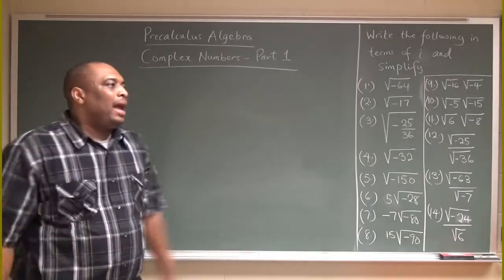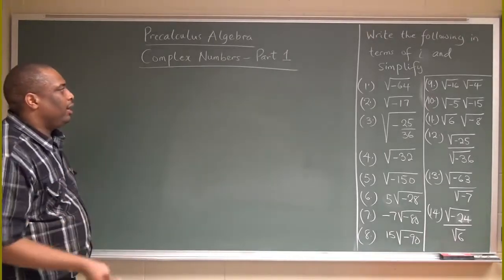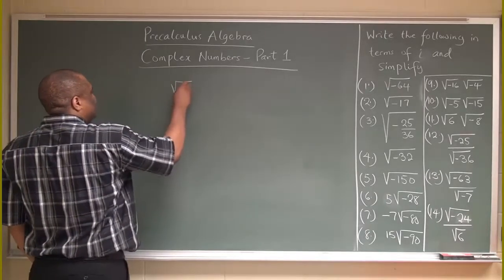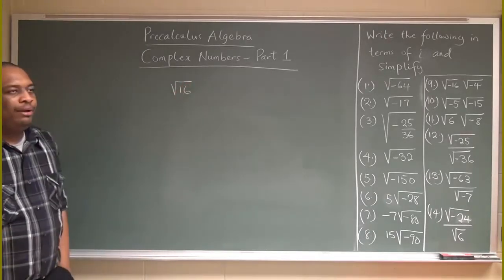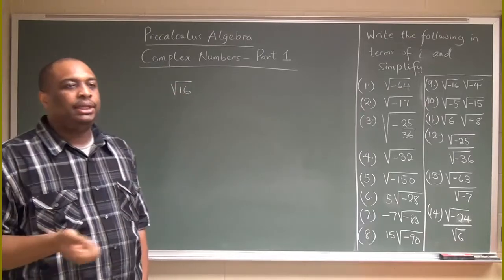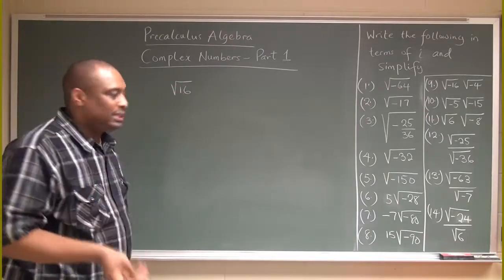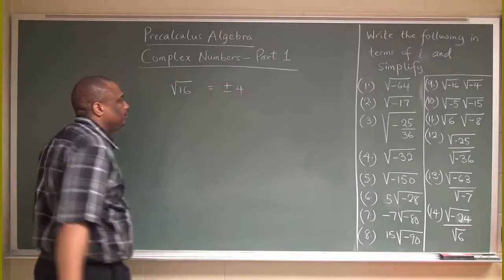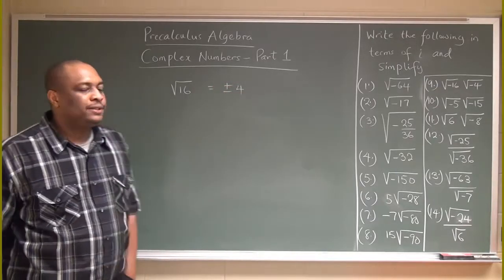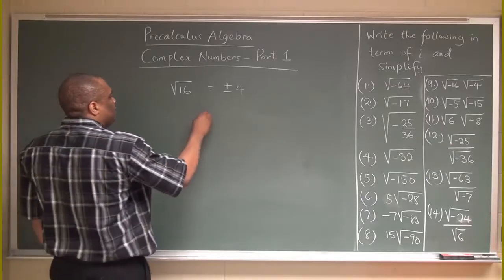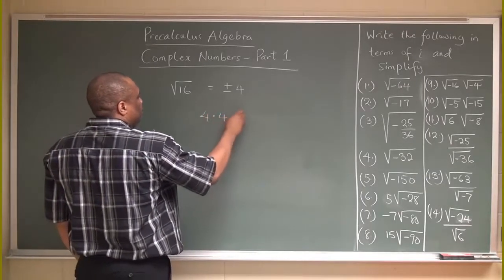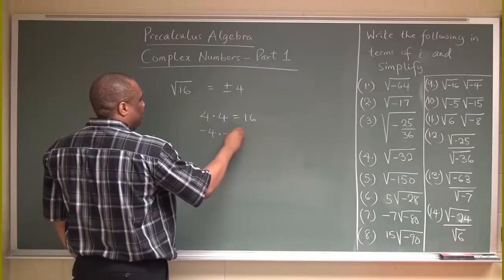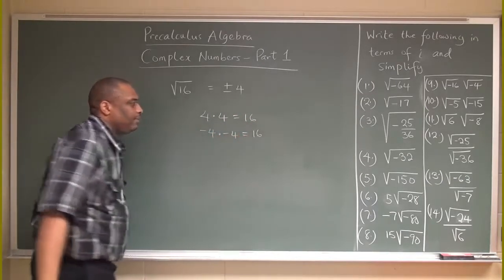Assuming we can recall, if I ask you the square root of 16, you will tell me that it is plus or minus 4, because 4 times 4 will give you 16, and negative 4 times negative 4 will also give you 16.